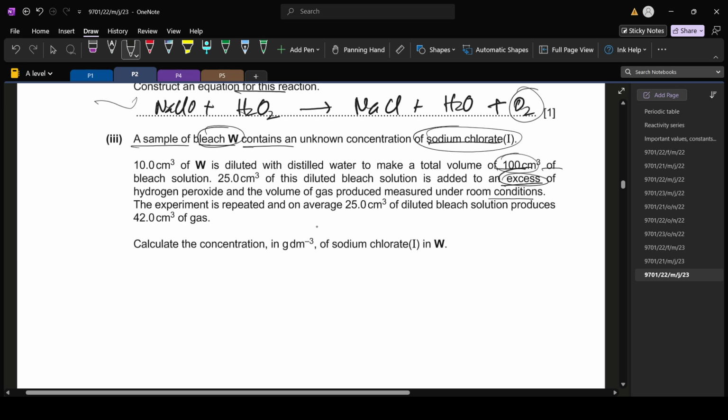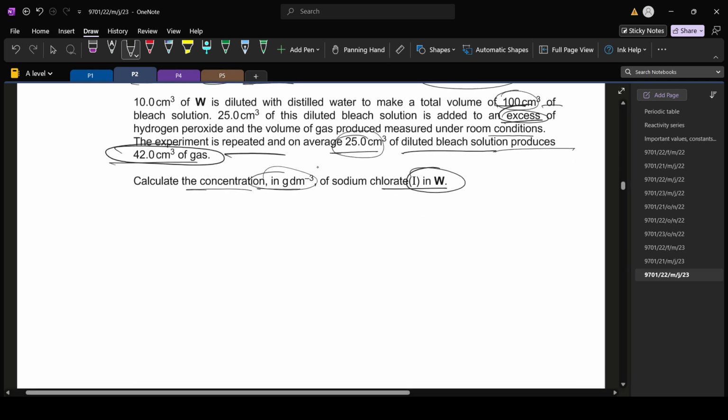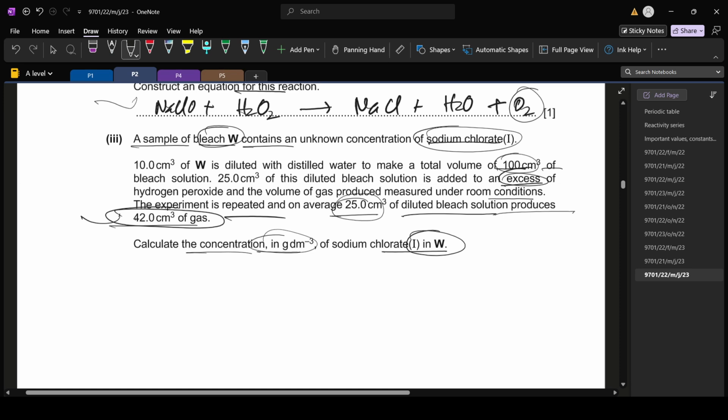Now the experiment is repeated, and on average 25 cm³ of diluted bleach solution produces 45 cm³ of gas. Okay. So now calculate the concentration in g per dm³ of sodium chlorate(I) in W. So now you will begin with the volume of gas which is produced.